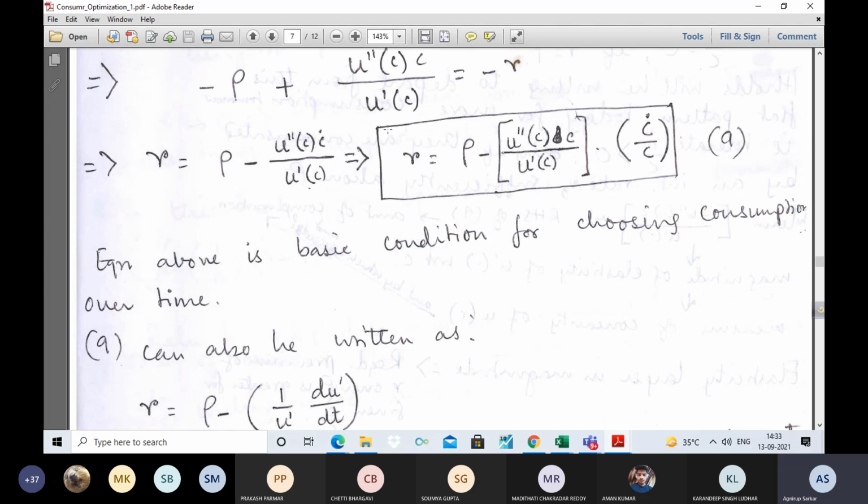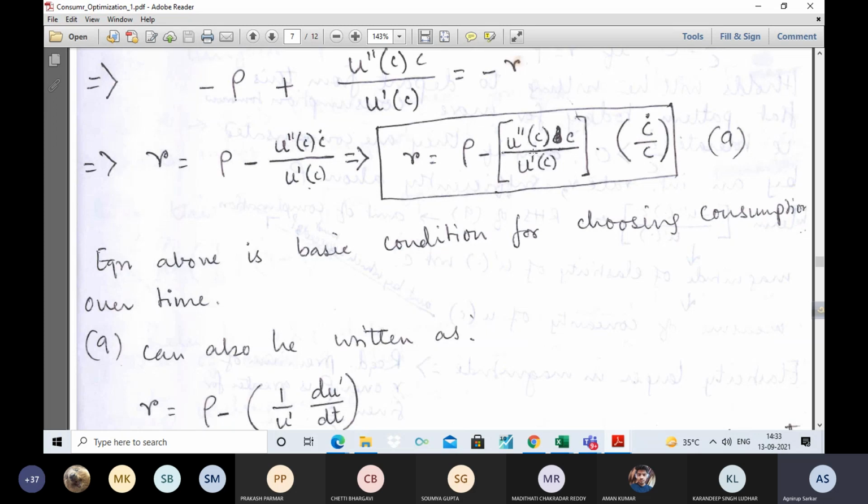What this equation says is that the households choose consumption, right? Consumption is very much a choice variable. So households choose consumption so as to equate the rate of return R to the rate of time preference rho, plus this thing. So what is this?